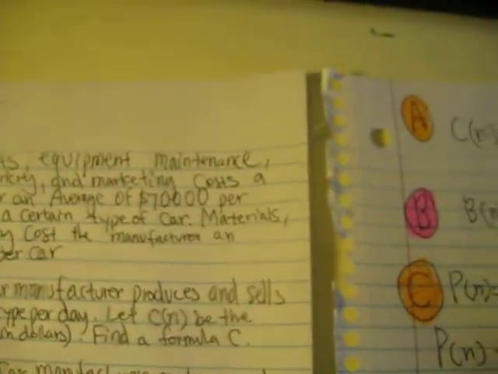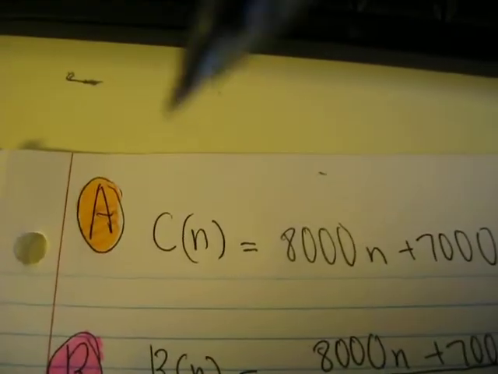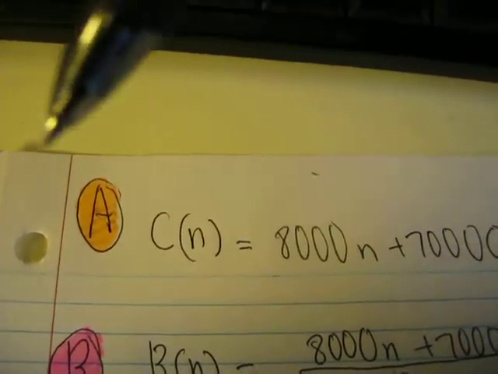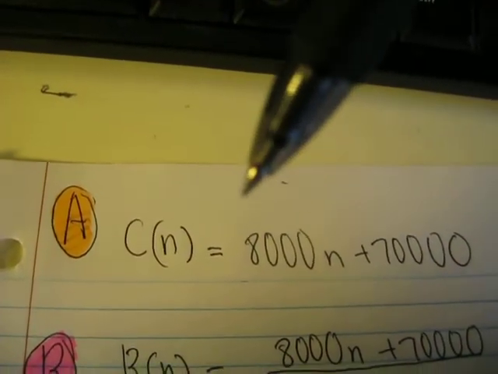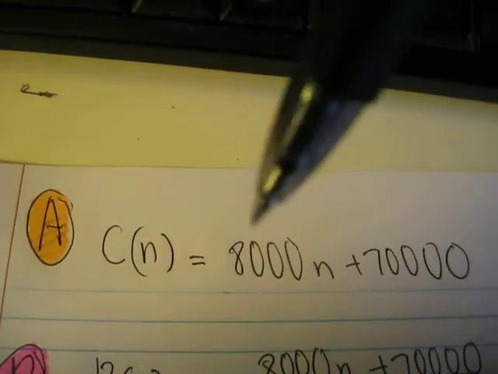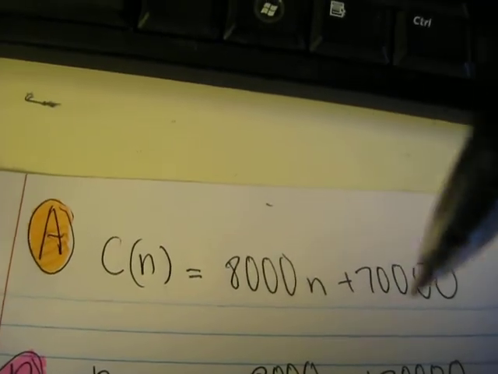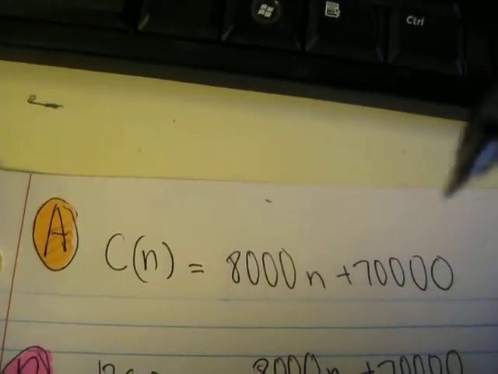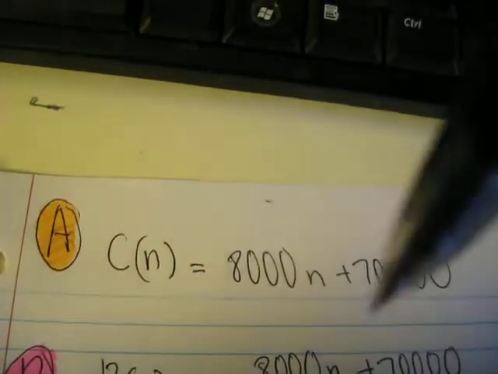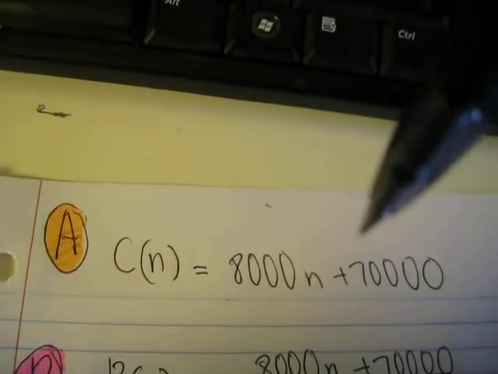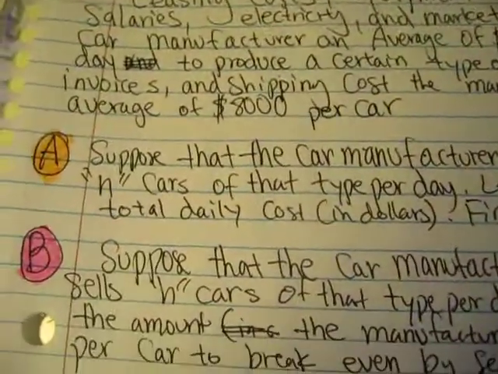So our first formula, Cn equals the total cost of making the cars. Our formula will be 8,000n, where n is the amount of cars, plus 70,000. So that's the total cost of the whole thing. So let's go to our question B.